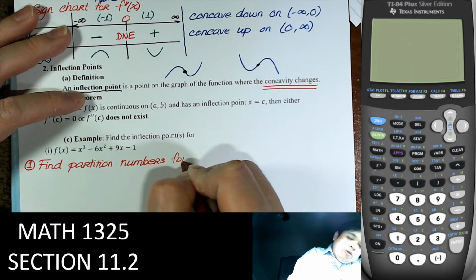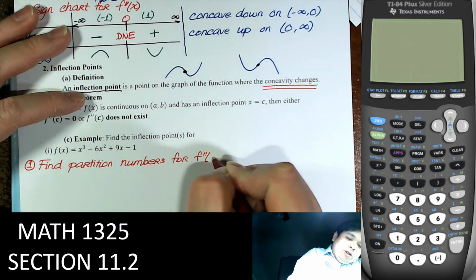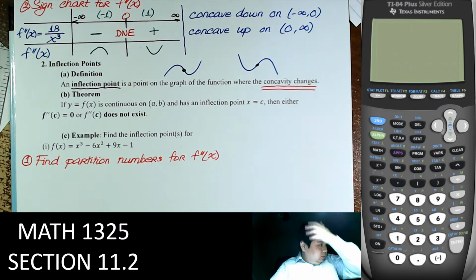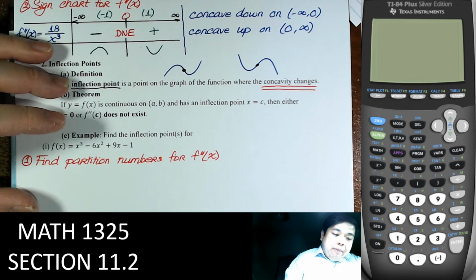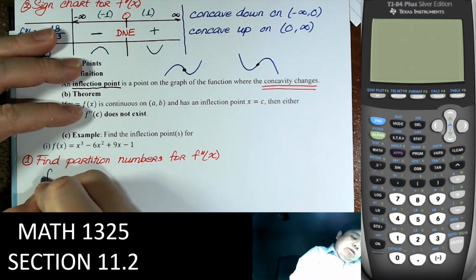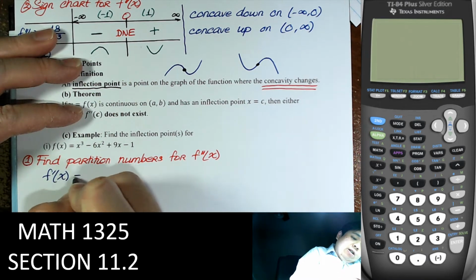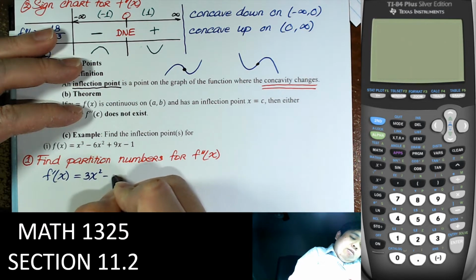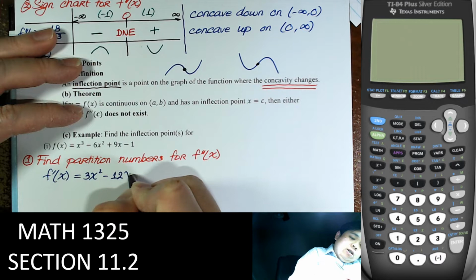For the second derivative. Right, now the first derivative is 3x squared minus 12x plus 9.